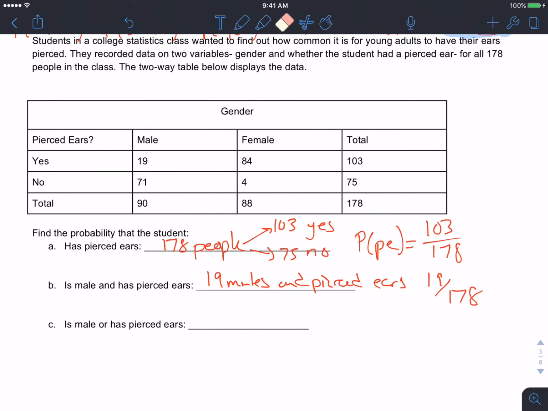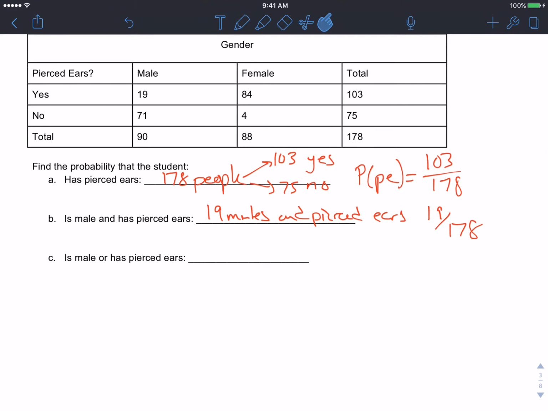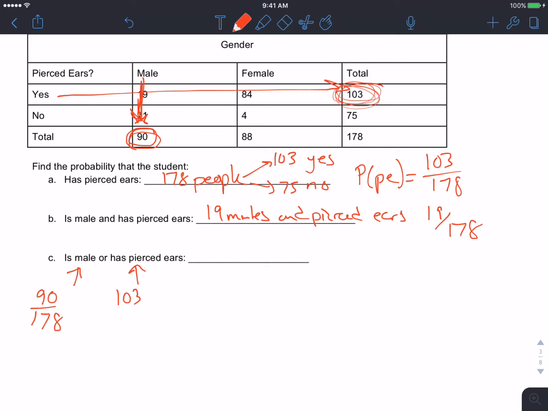The next one asks for is male or has pierced ears. So if we just look at male, there's a total of 90 males. And if we look at pierced ears, the total for yes to pierced ears is a total of 103.